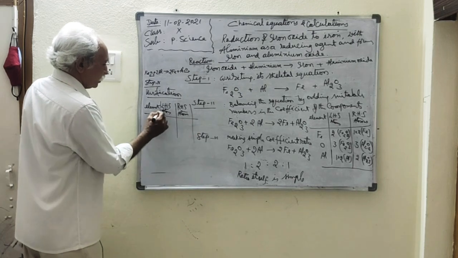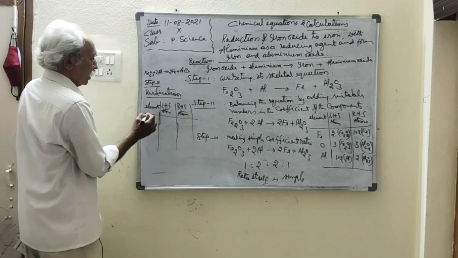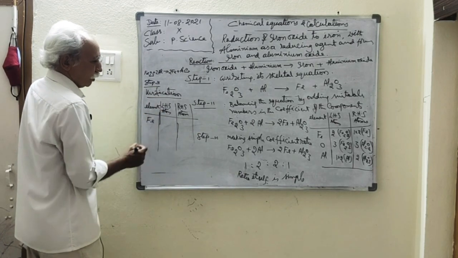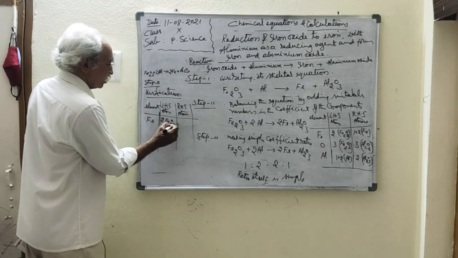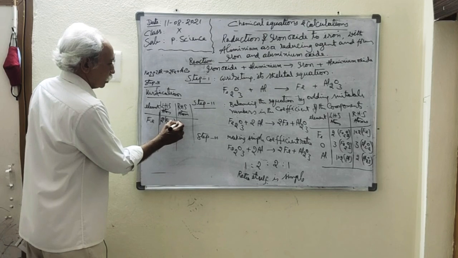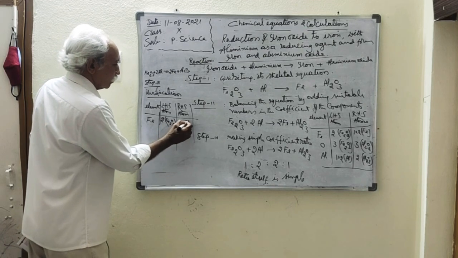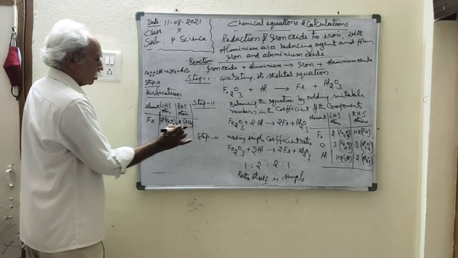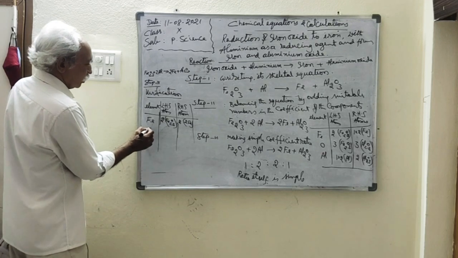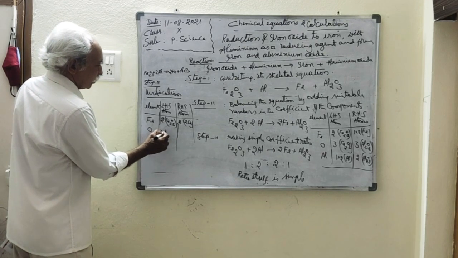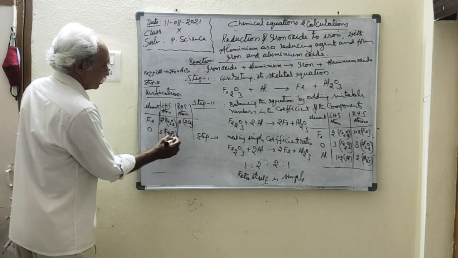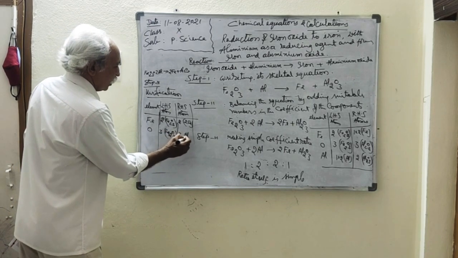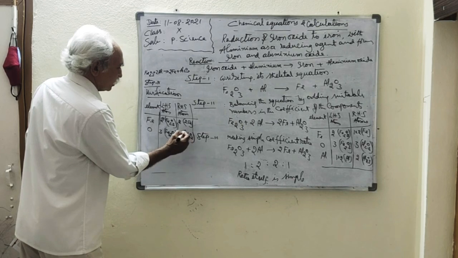So in left hand side atoms you find iron Fe, 2 atoms are there, Fe2O3. There are 2 atoms from 2Fe, both are equal. Next, oxygen atoms, 3 are there from Fe2O3, 3 oxygen atoms. 3 from Al2O3, 3 atoms are present.